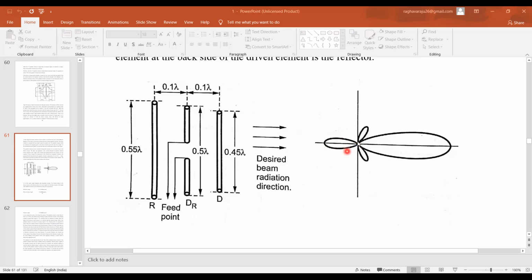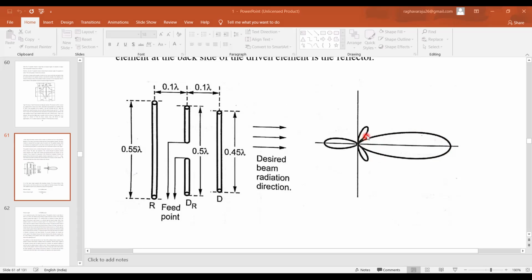These are called minor lobes. These are side lobes or back lobes. The side lobes and the back lobes are due to the reflector. So the main beam is aligned along the major axis.